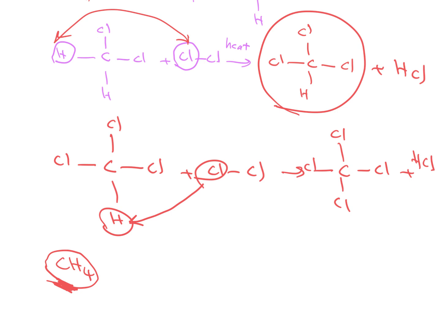So what you do basically, you substitute all hydrogens with chlorine, so it would be CCl4, okay? So that is kind of like the shortcut in a sense. So instead of writing all these steps, you know that in each step you have one hydrogen substituted with chlorine. So when you have the complete chlorination, you substitute all the hydrogen atoms with chlorine.